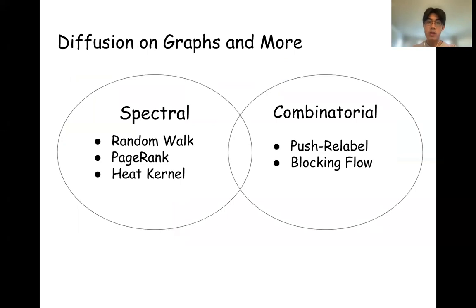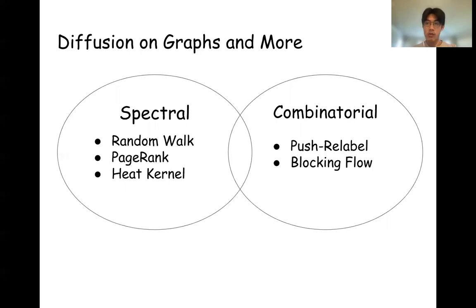So generally, there are two categories of diffusion on graphs. One is called spectral. Examples include random walks, PageRank, and heat kernels. These are defined using graph matrices, and they all look like some kind of variation of random walks.